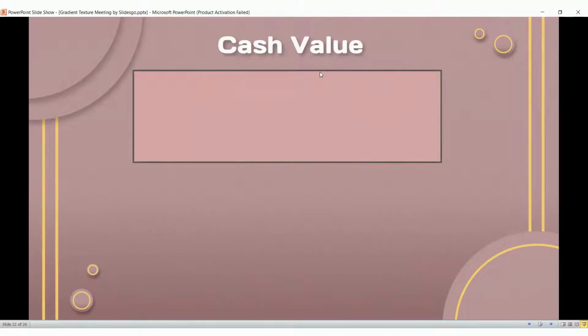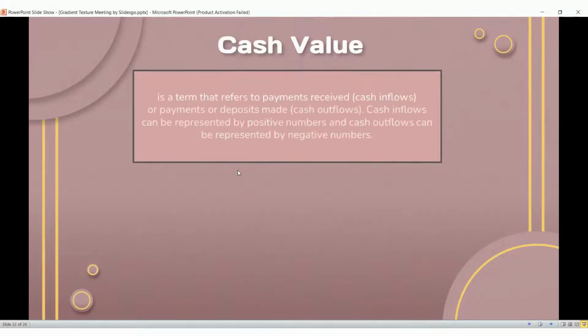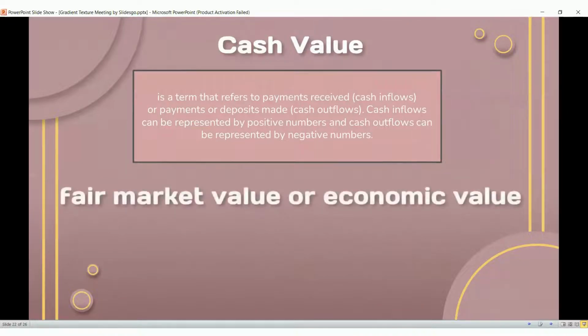So, next is the cash value. Is a term that refers to payments received or cash inflows, or payments or deposits made or cash outflows. Cash inflows can be represented by positive numbers and cash outflows can be represented by negative numbers.